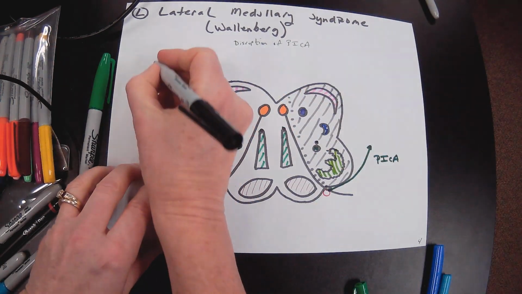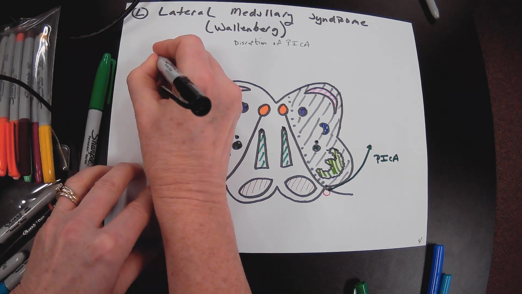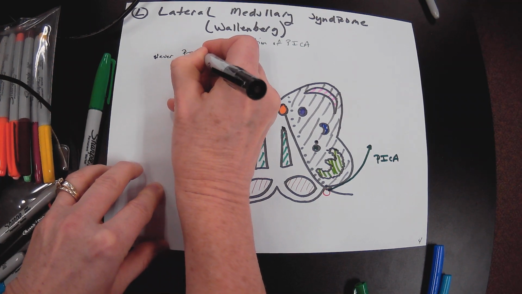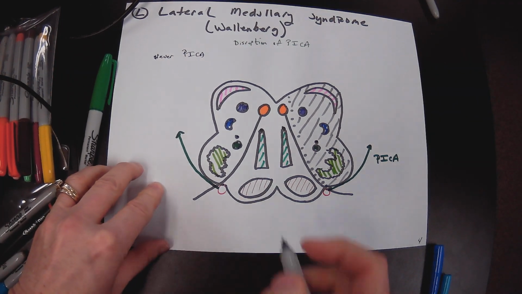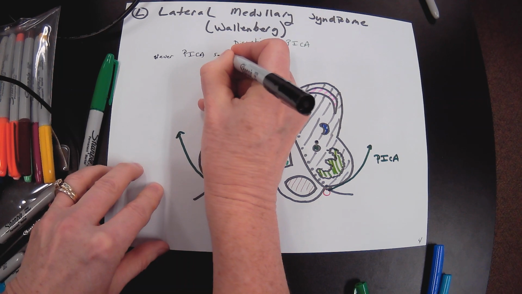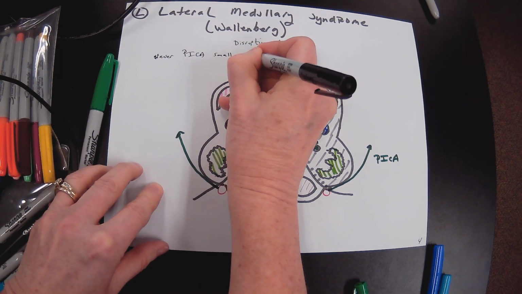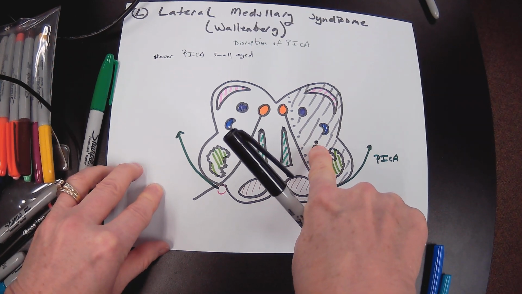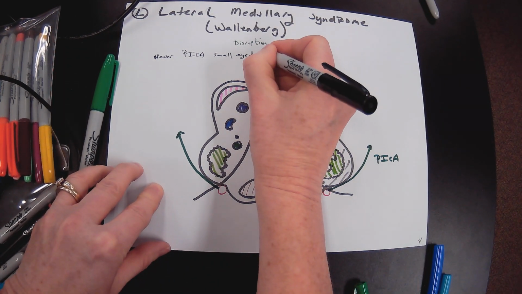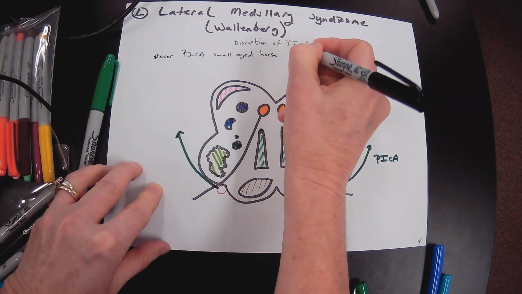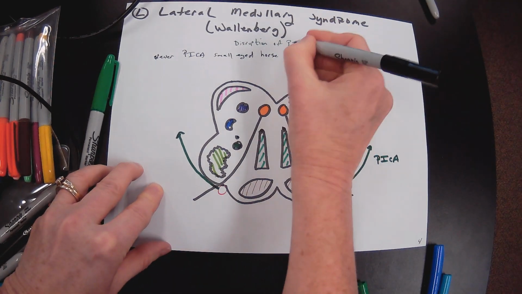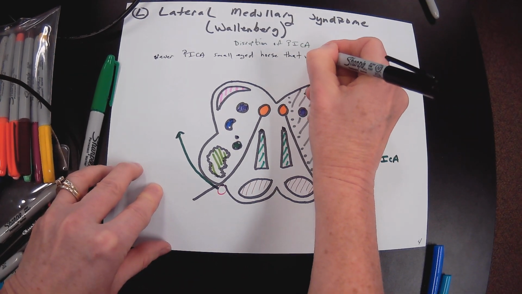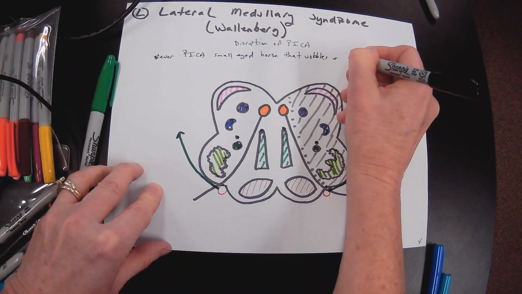And there's a saying for Wallenberg, a pretty popular one that you might see in your clinical future. The thing you can remember is never PICA, or never pick a small-eyed horse with a hoarse voice that wobbles and can't swallow.